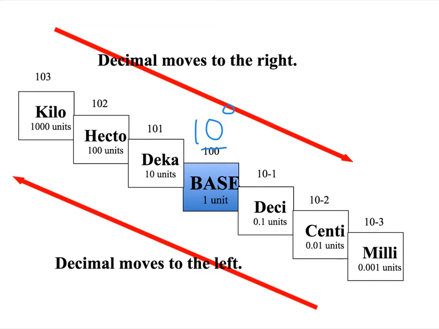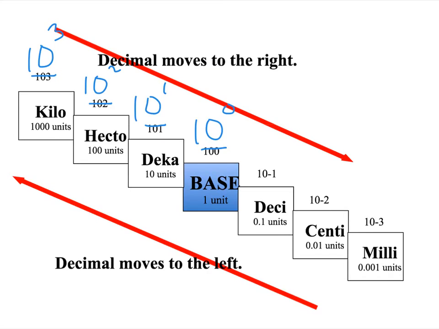Okay, that's our base unit, so 1 of something. If we go up our ladder, then we have 10 to the 1, that's deca, that's 10 of something. 10 to the 2 is hecto, that's 100 of something. 10 to the 3, kilo, 1,000 of something.